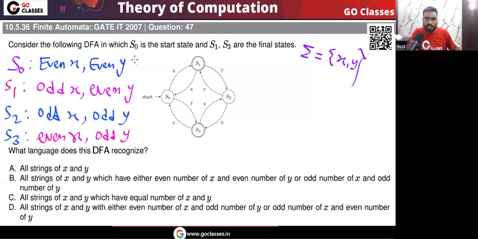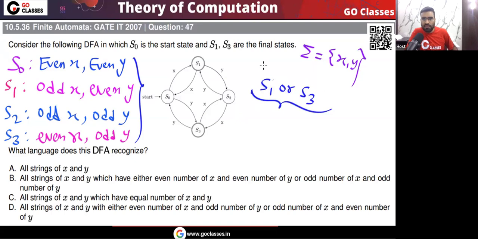So what are the final states from here? The final states are S1 or S3. So tell me what your answer will be.